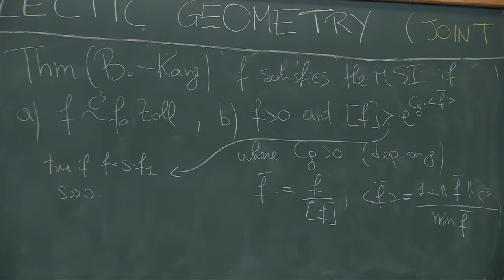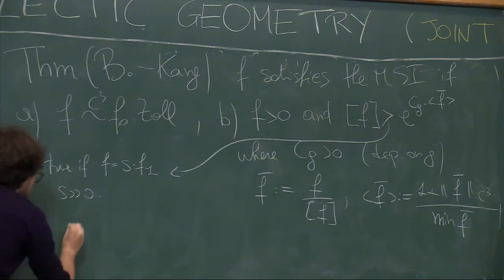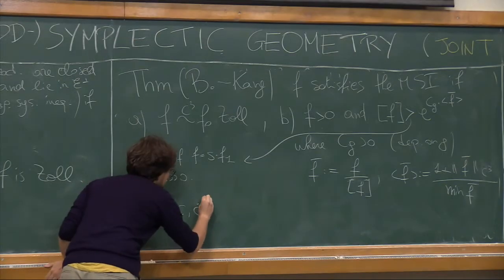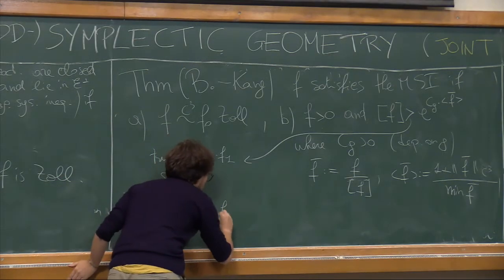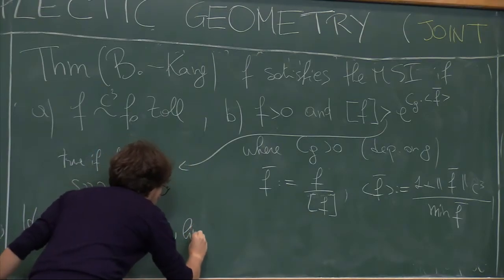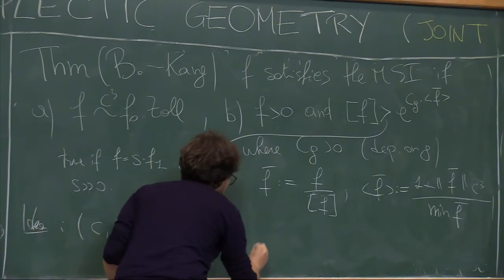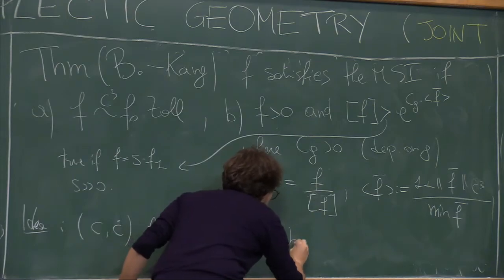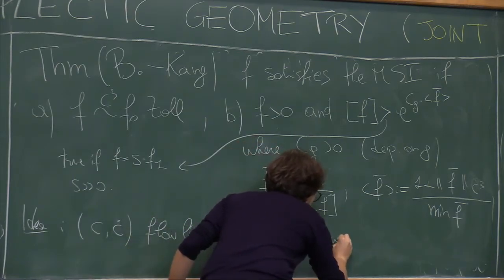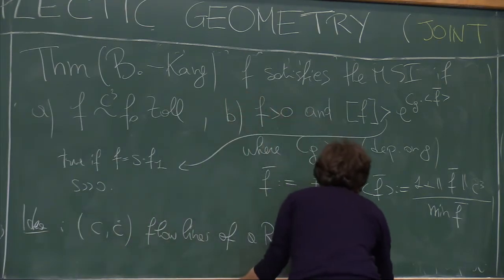Okay? And here, basically, the idea of the proof is just to observe that if I now take c dot, these are flow lines of a magnetic flow on the unit tangent bundle of M.